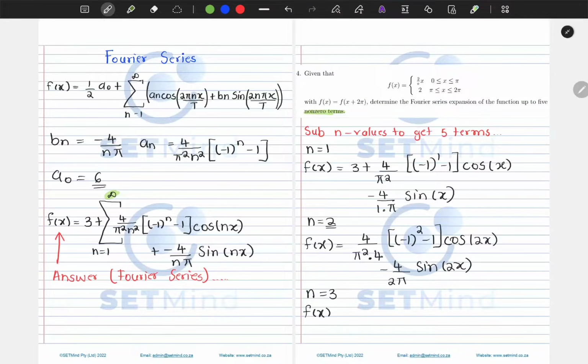So at n is 3, we'll have f of x equals, if you observe carefully, 4 divided by pi squared times 3 squared, which is 9, into negative 1 to the power of 3 minus 1, and then cos of 3x, and then minus 4 divided by 3 pi, and then this will be sine of 3x. And then we can carry on, go to the next page, look at n is 4 and n is 5, and then sum what we get.